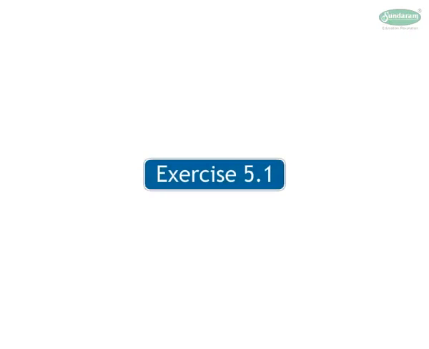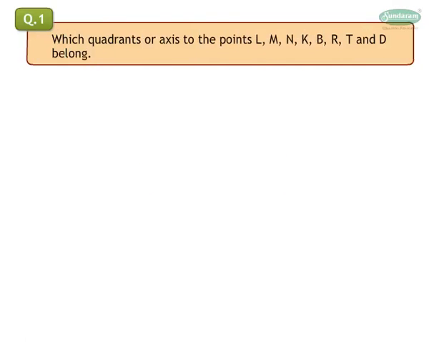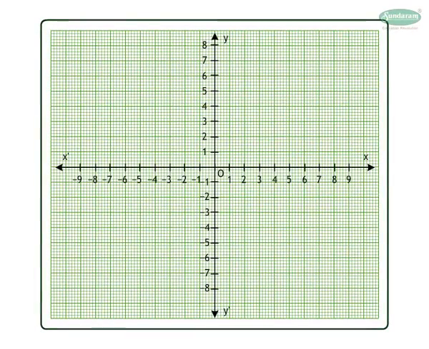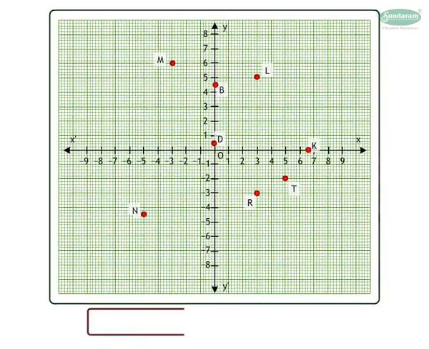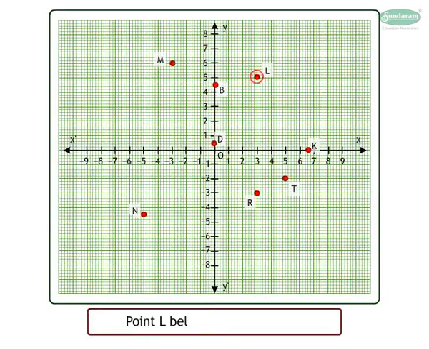Exercise 5.1. Question 1. Let us begin by stating which quadrants or axes the points L, M, N, K, B, R, T and D belong to. Solution. Point L belongs to the first quadrant.